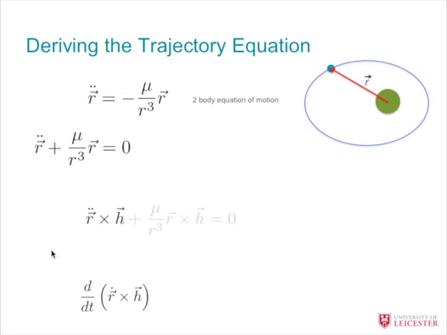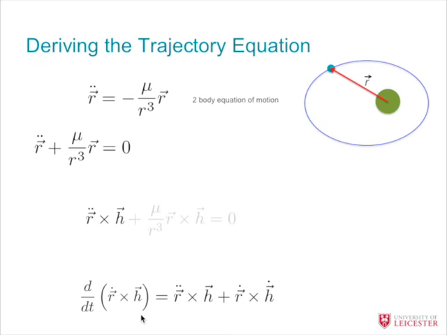And I can simplify this by recognizing that the second derivative of vector r crossed with h is equal to the derivative with respect to time of the first differential of r crossed with h. And to see that, you simply expand out that differential.